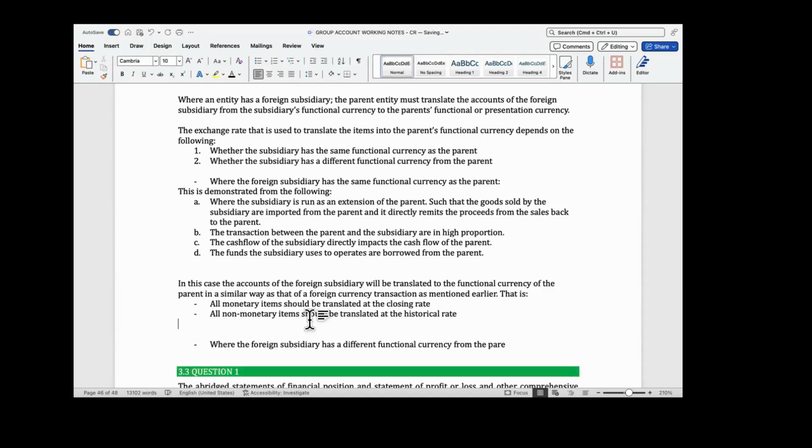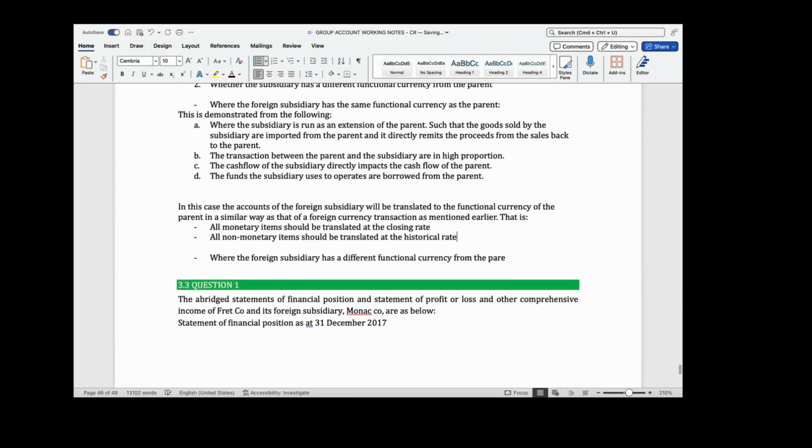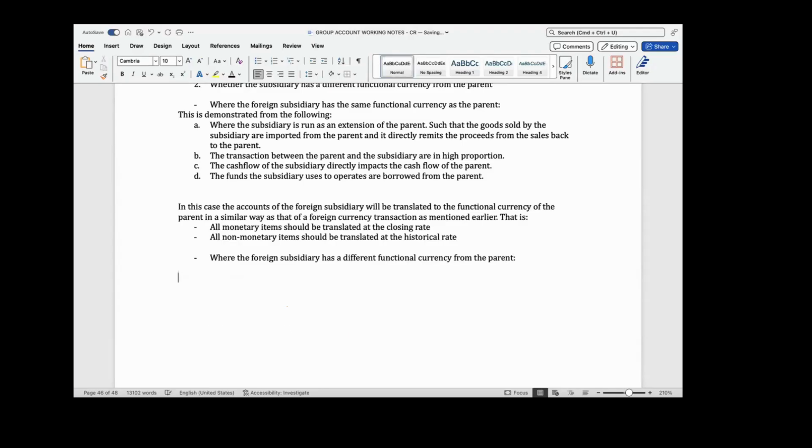But where the foreign subsidiary has a different functional currency from the parent, and this is like the opposite of what I mentioned above.